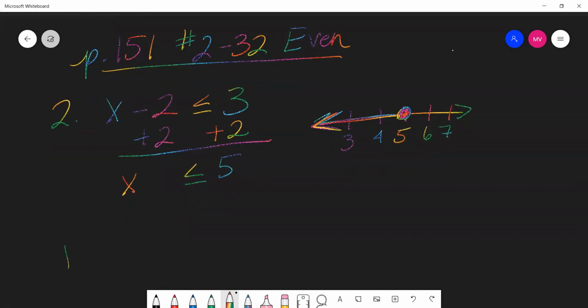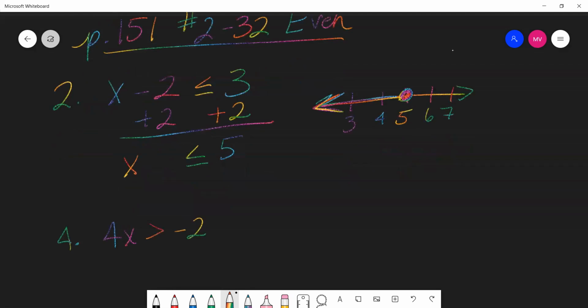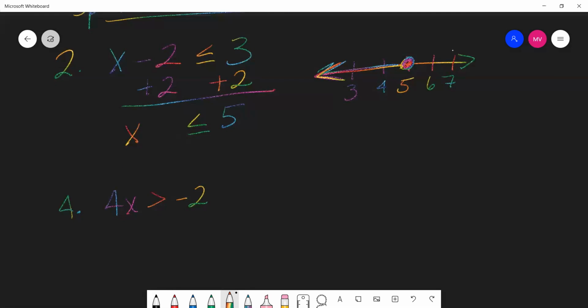All right, Gabe, number 4 is going to be yours. What do we have here? In this case, we're going to be using the multiplication property of inequality. So what do we need to do to isolate our variable? How do we undo the 4?